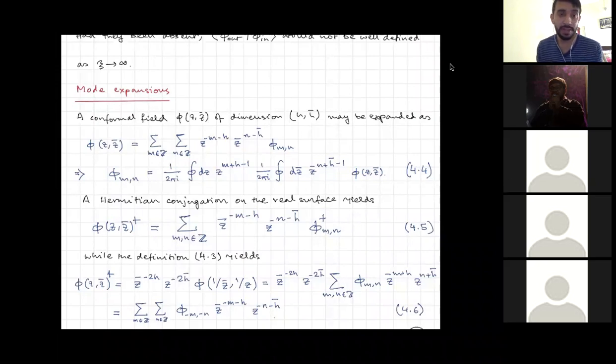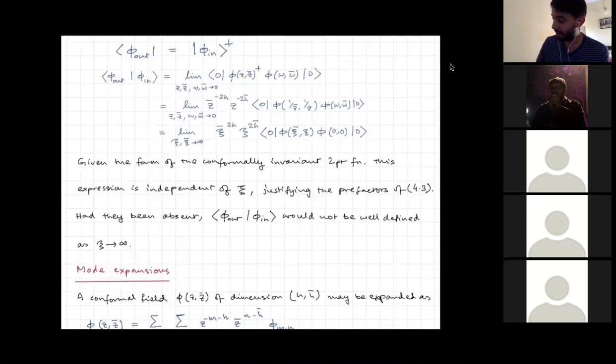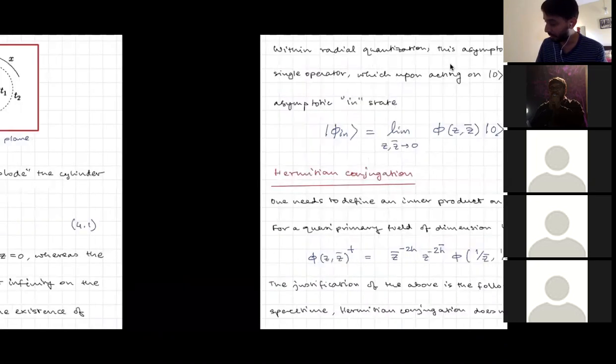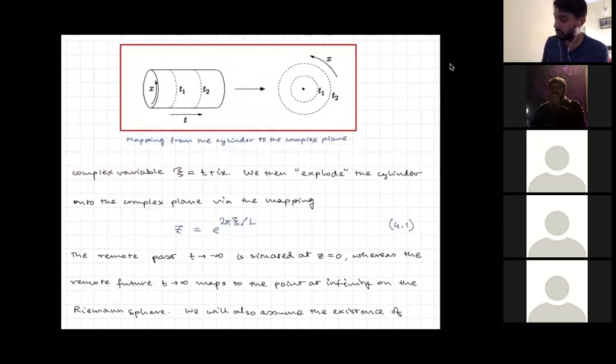We will see that, but as you can see, if you just look back at this particular way of trying to define it, what you do is you insert something at the asymptotic past, which is this point, and then you evolve it.